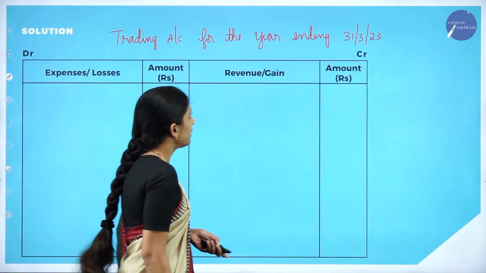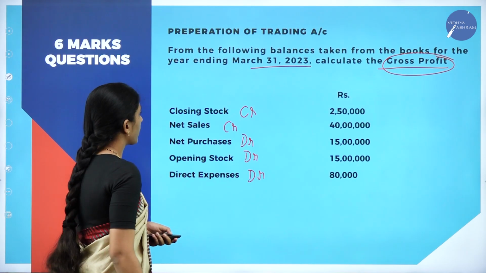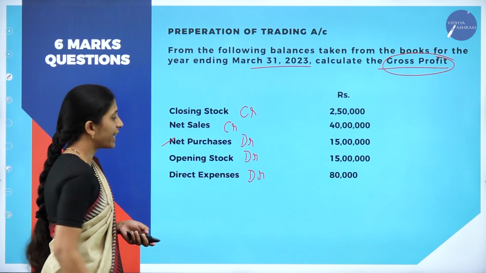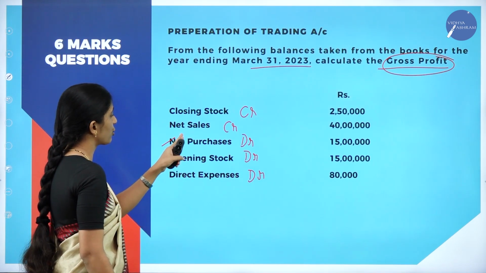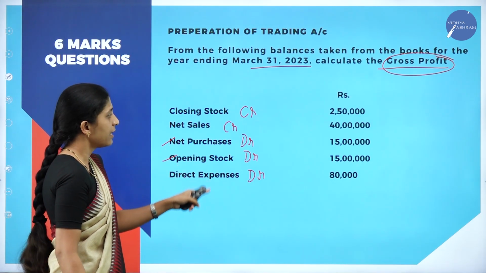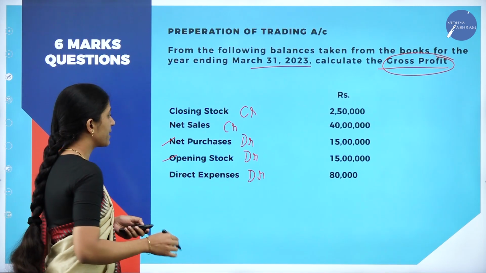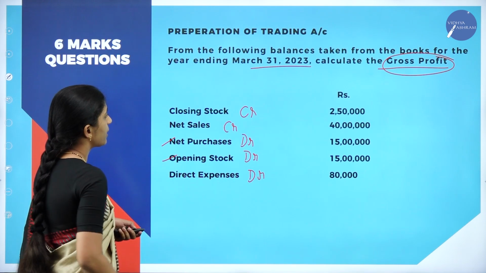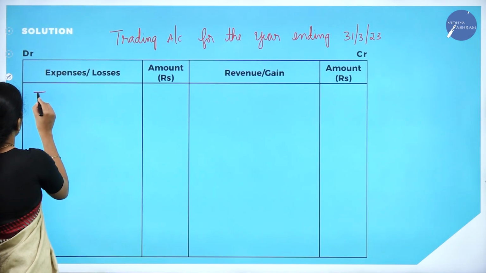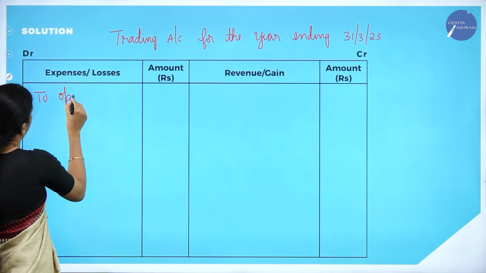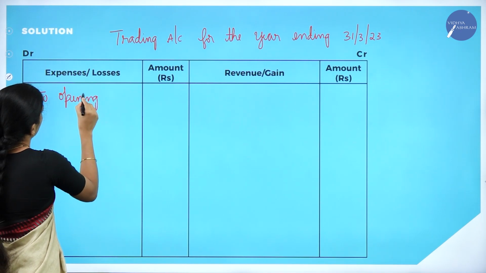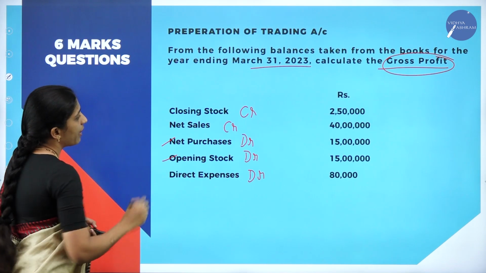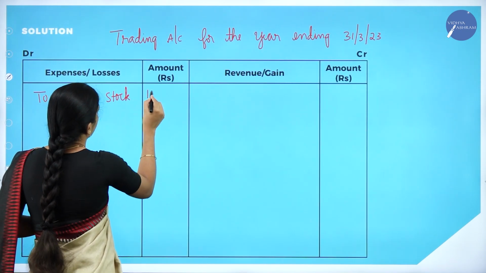We shall record first opening stock, then purchases, and direct expenses, the items to be recorded in the debit side. However they give, we have to write in the same order. So we shall start with to opening stock, and the amount is 15 lakh.